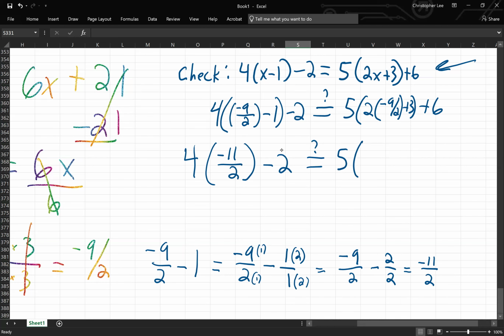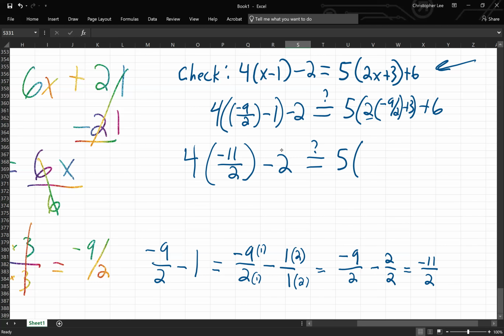So what about this other side? I have the 5 out there. That's not the problem. I want to simplify the inside. So what should I do? Starts with an M. I should multiply, right? So 2 times negative 9 over 2 becomes negative 18 over 2, right?